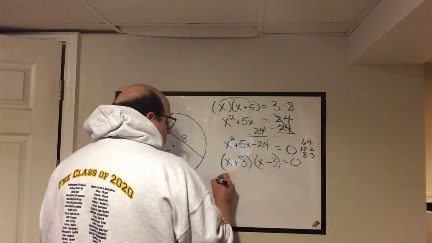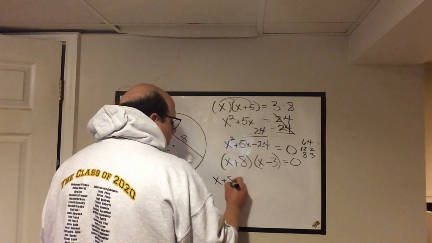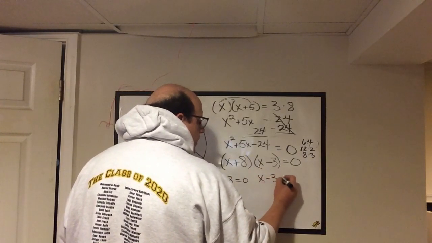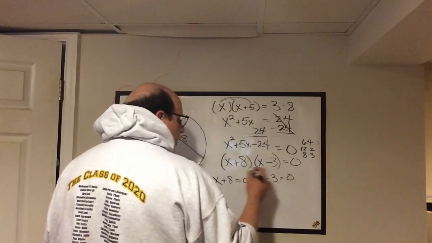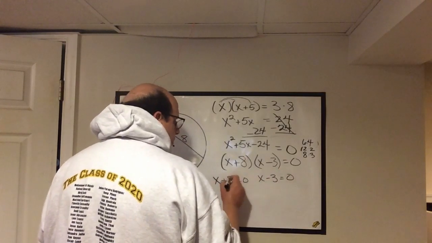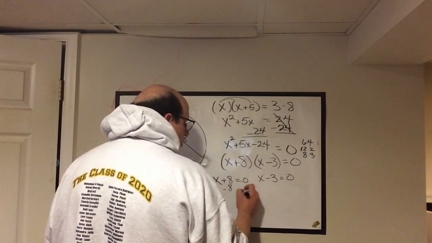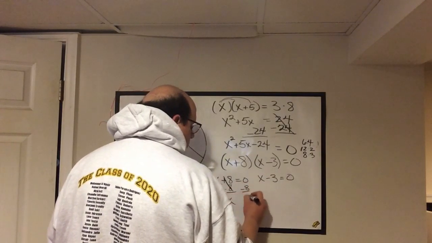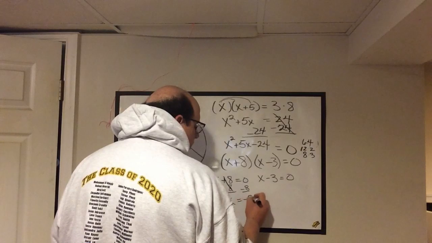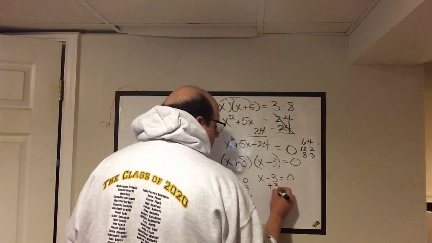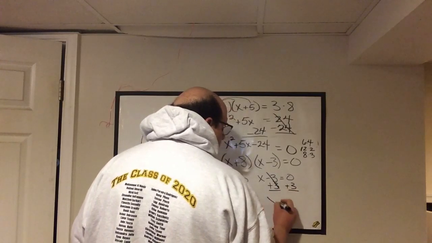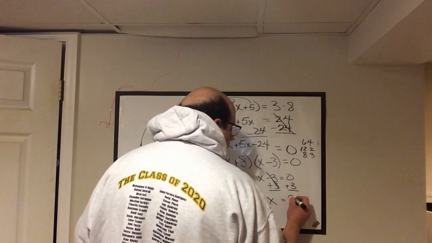But we're also going to have to solve x plus 8 equals 0, and x minus 3 equals 0. And so we subtract 8 from both sides, so x equals negative 8, and we add 3 to both sides, and x would have to equal 3.